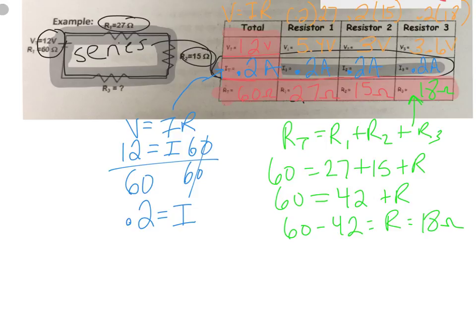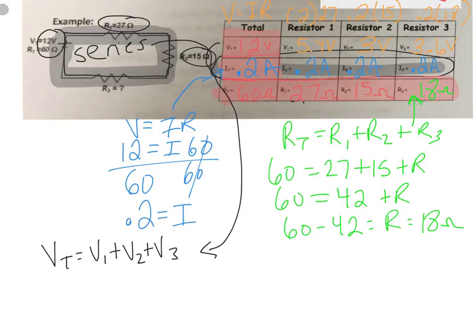Now there were a lot of steps involved here, so I always suggest to my students that they verify or double check their answers. Since the last thing that we solved for was this voltage row, I should be able to double check that information and make sure it holds true. Recall that we said the total voltage should be used throughout the circuit. So our first voltage, our second voltage, and our third voltage should add back up to that total.